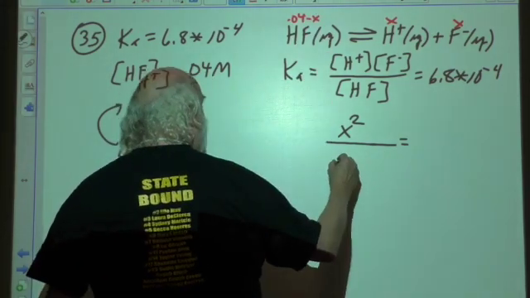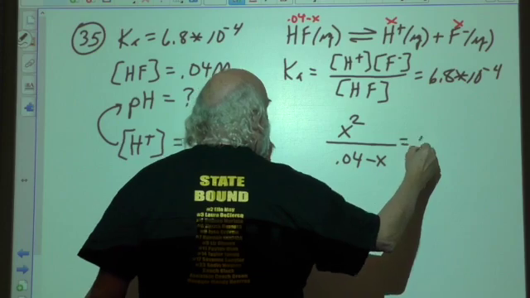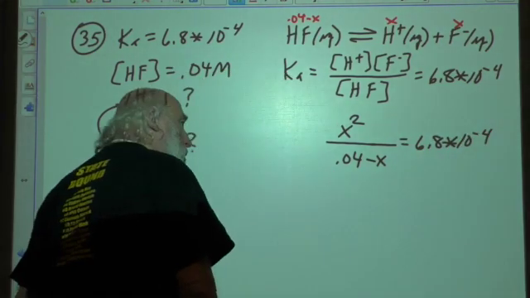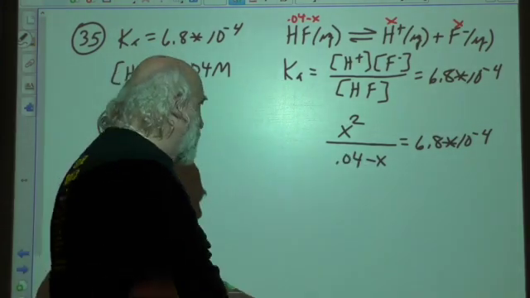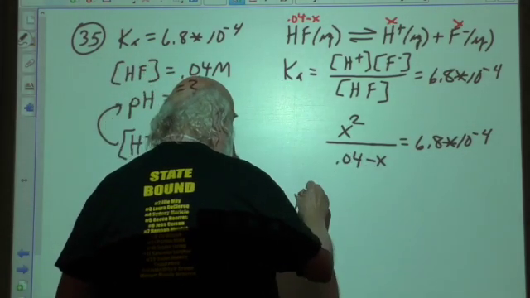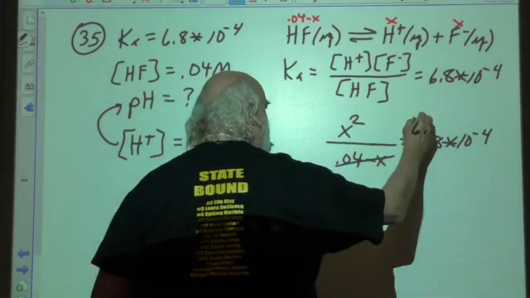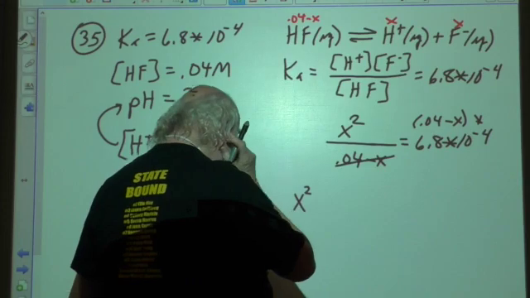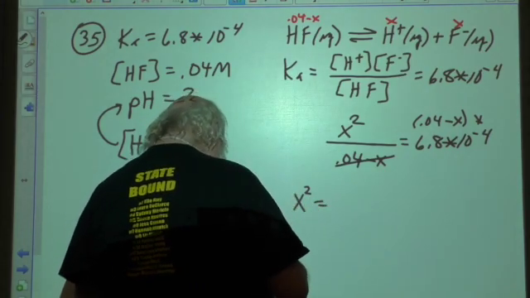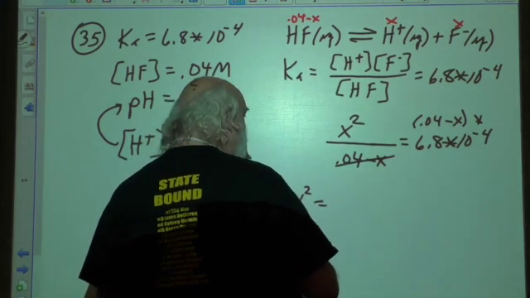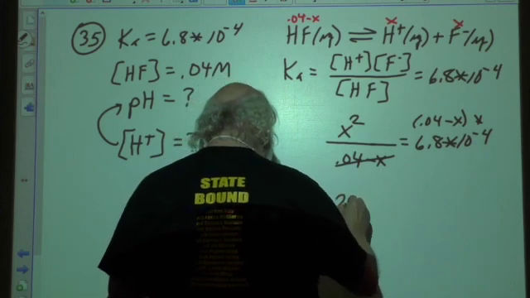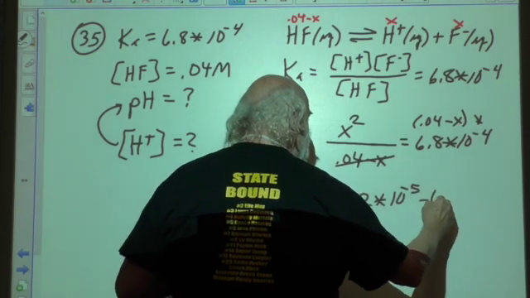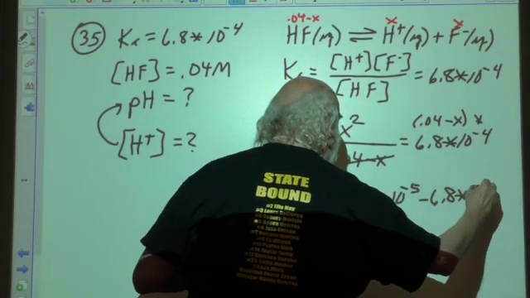It's 0.04 minus x equals 6.8 times 10 to the negative 4th. So I'll multiply 0.04 by both of those, I get x squared left here, that cancels out. And I get that equal to 2.72 times 10 to the negative 5th minus 6.8 times 10 to the negative 4th x.